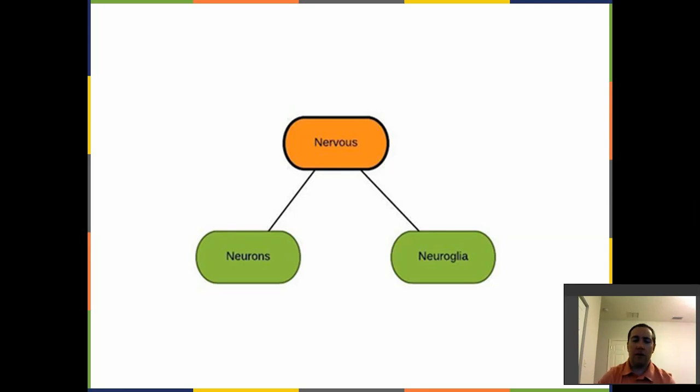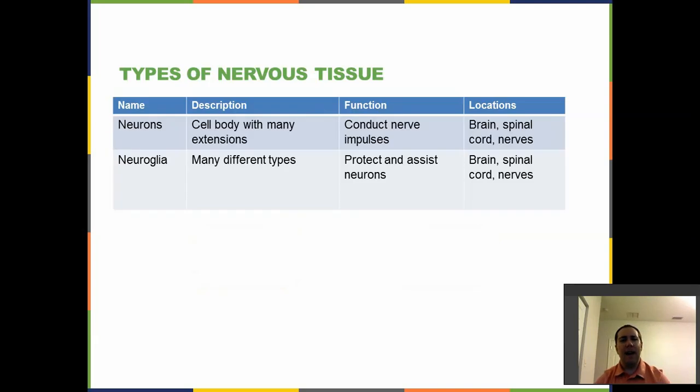And so nervous tissue is made up of two types of tissue, or two types of cells. We have neurons and neuroglia. I think in the cell lab, you saw a picture of a neuron, and you saw that it had these little appendages coming off. And the purpose was to connect to each other.